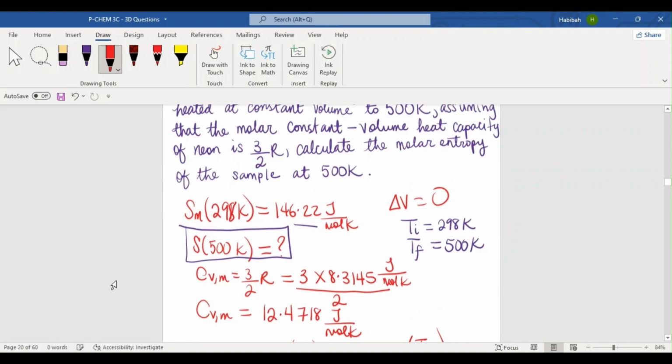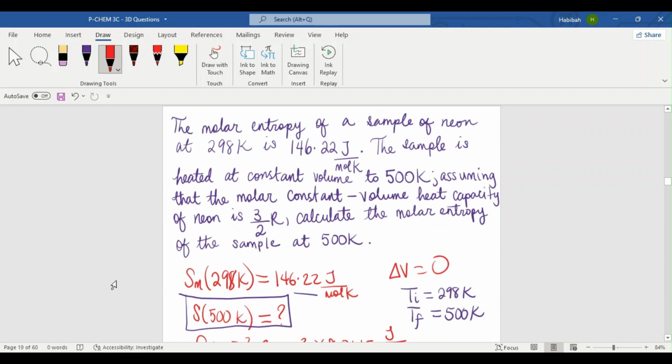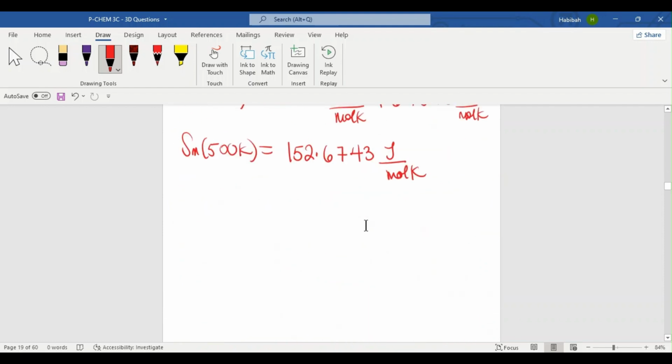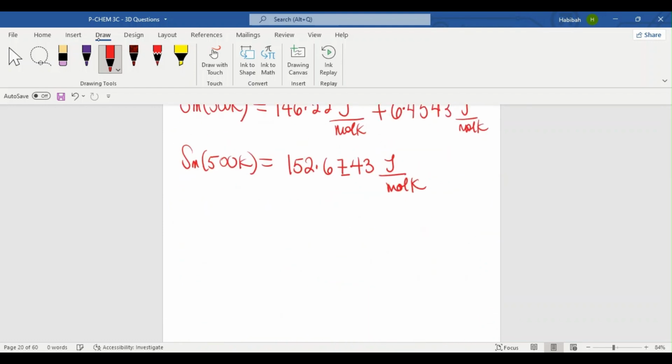Now, when we go back to the beginning of our question, we see that the molar entropy at 298 Kelvin given to us was 146.22. This was in two decimal places. So we're just going to put our answer in two decimal places. So the molar entropy at 500 Kelvin is 152.67 joule per mole Kelvin.